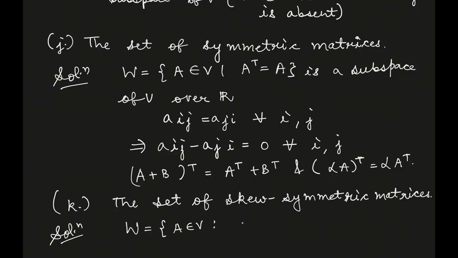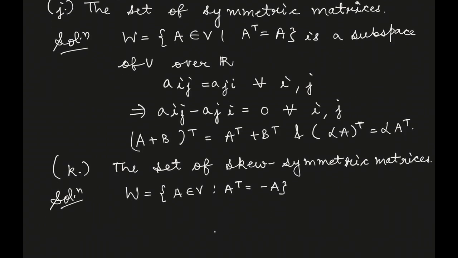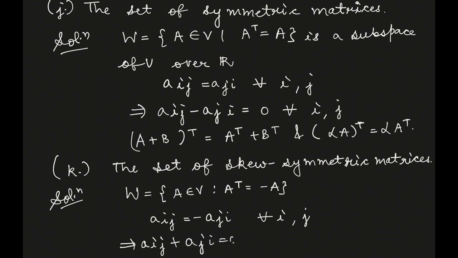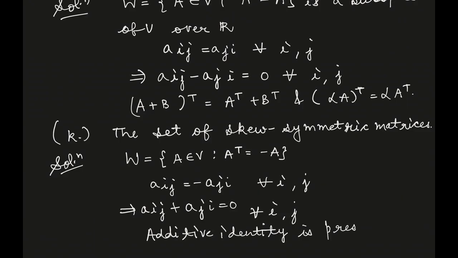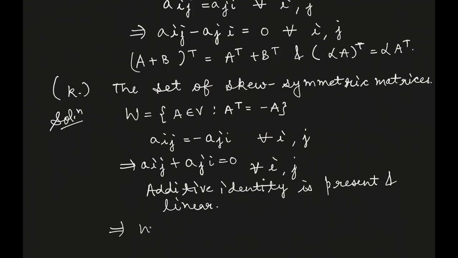A skew symmetric matrix is given by A transpose equal to minus A, meaning Aij is equal to minus Aji. The additive identity will be present in this. It is linear also. So it is a subspace.